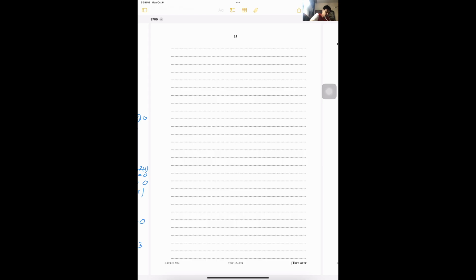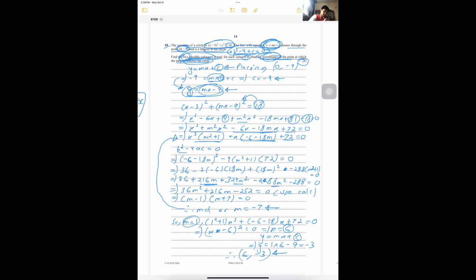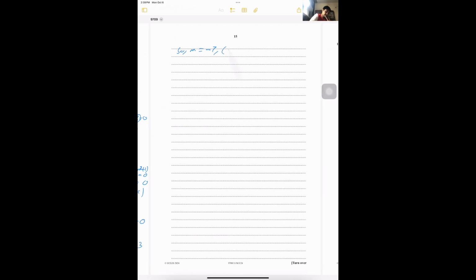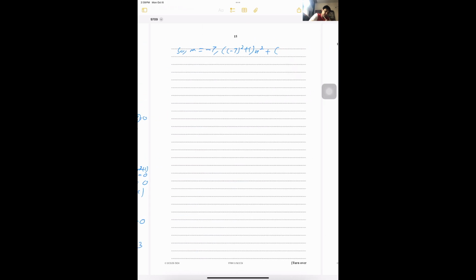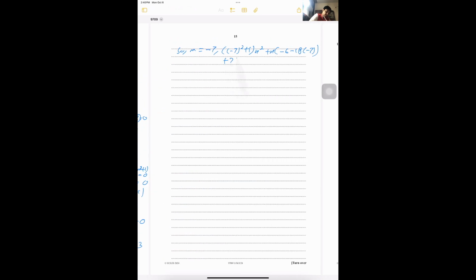So m equal to minus 7, then we will do this equation. So m squared, which is minus 7 whole squared plus 1, x squared, plus minus 6 minus 18 into minus 7, this is x, plus 72 is equal to 0.